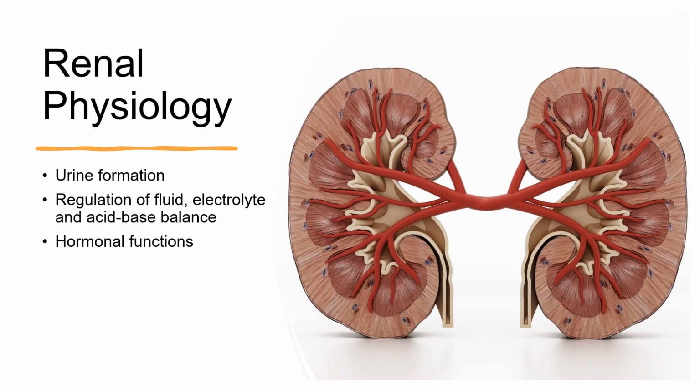They also secrete erythropoietin that stimulates the bone marrow to produce red blood cells. They help to activate vitamin D, and they produce and release bradykinin and prostaglandins. So the kidneys are very important organs, and we take them for granted many times.